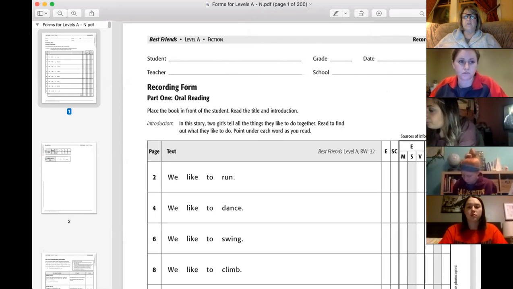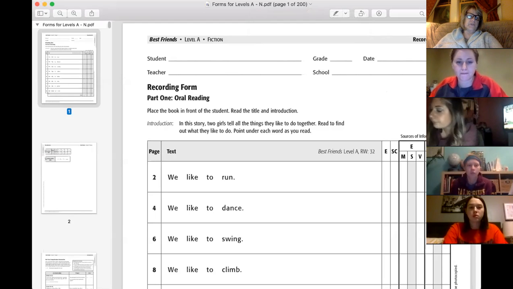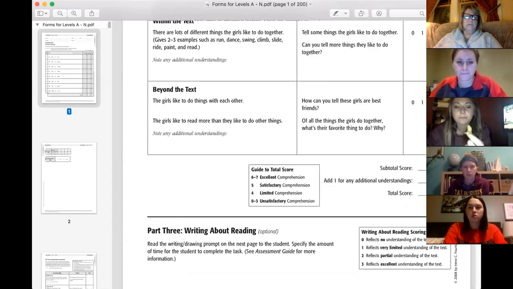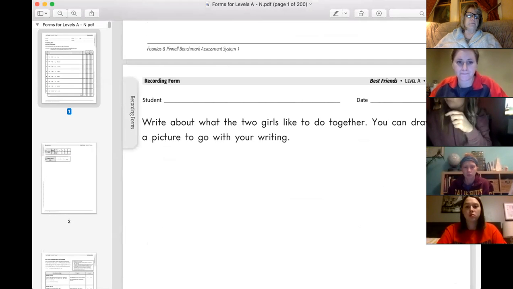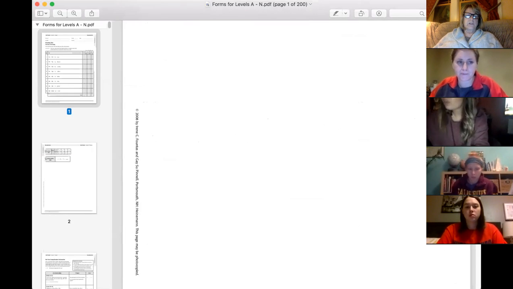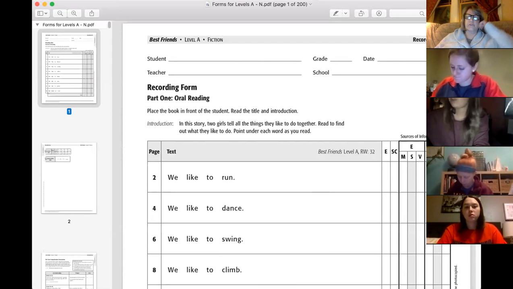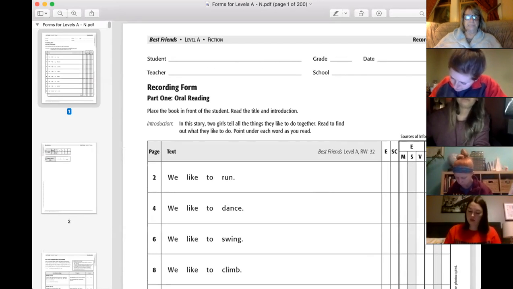So here's a level A scoring sheet for the book Best Friends. So you see Best Friends, the title at the top. And as you go down, there's usually 4 pages for every book. So you need to print out the 4 pages for every book I sent you.